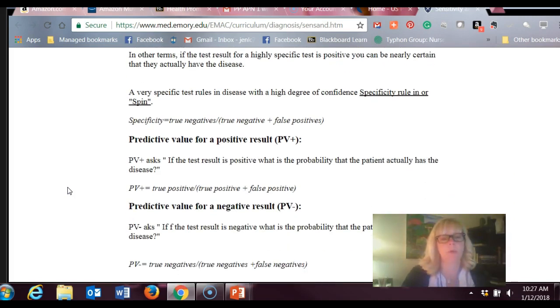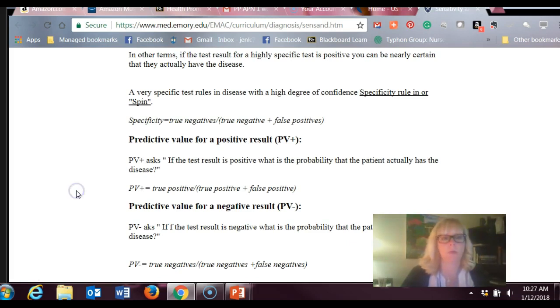Then we have these fun predictive values. Predictive value positive asks, if the test results positive, what's the probability that the patient actually has the disease? The higher it is, the more probability the patient has the disease. And the predictive value negative asks, if the test results negative, what's the probability the patient does not have the disease?